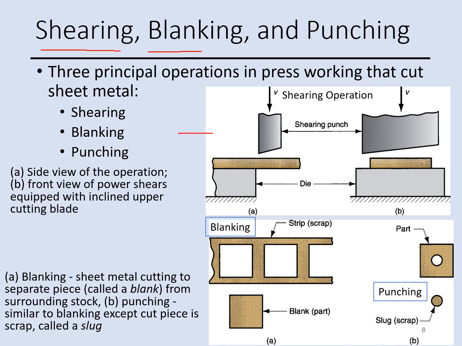As you see in the front picture, it is a shearing operation. Then on the bottom we have blanking. Blanking and punching look similar, but that cut piece, as you see here, is called blank, but in the punching, that cut piece is called a scrap.